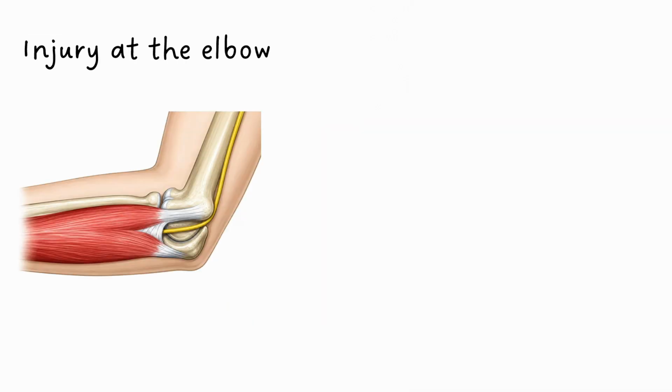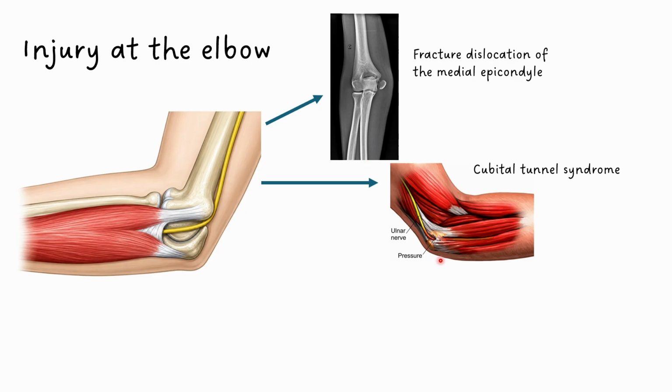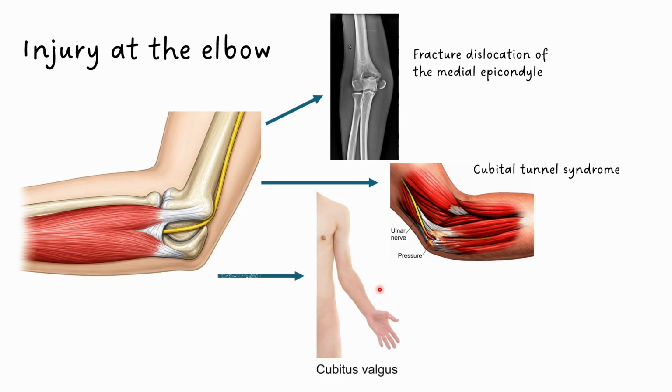Injury of the ulnar nerve at the elbow may occur due to fracture dislocation of the medial epicondyle of the humerus, or due to thickening of the fibrous roof of the cubital tunnel, which we call cubital tunnel syndrome, or there may be compression between the two heads of the flexor carpi ulnaris muscle, and it may also be due to valgus deformity of the elbow, which is known as tardy or late ulnar nerve palsy. So these are the common causes of injury of the ulnar nerve at the elbow.